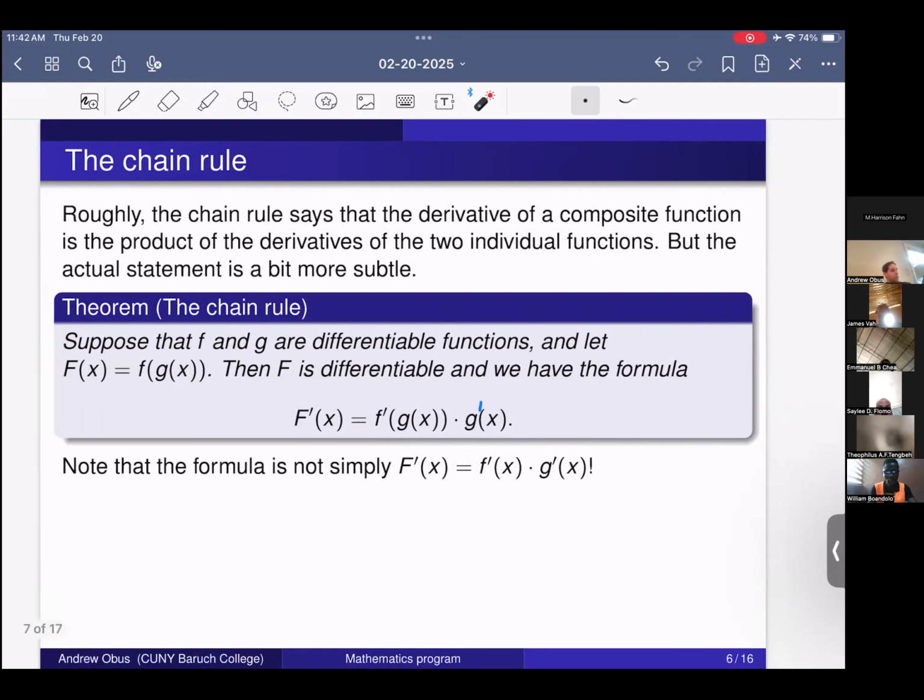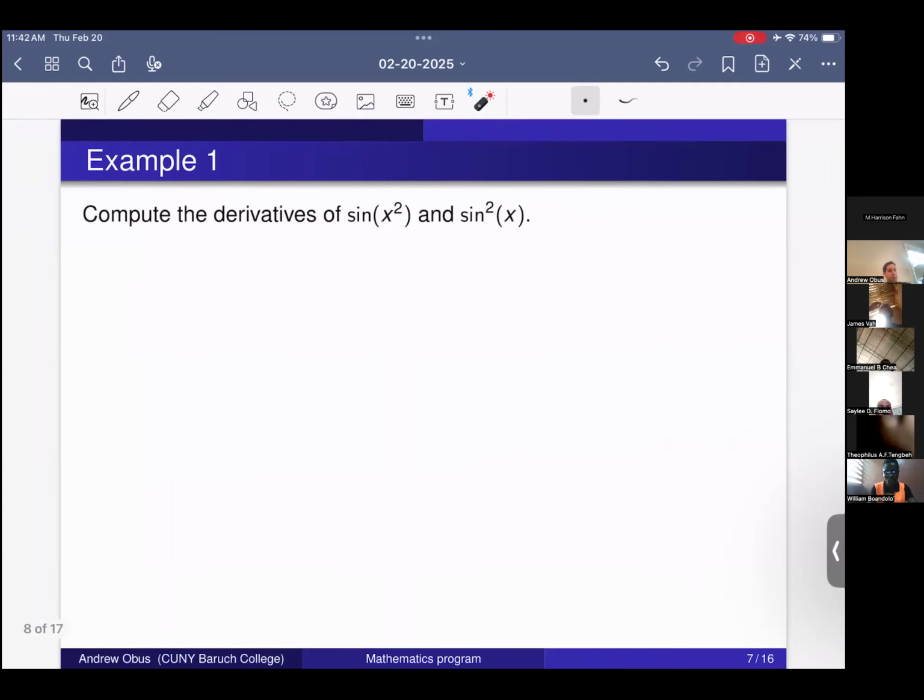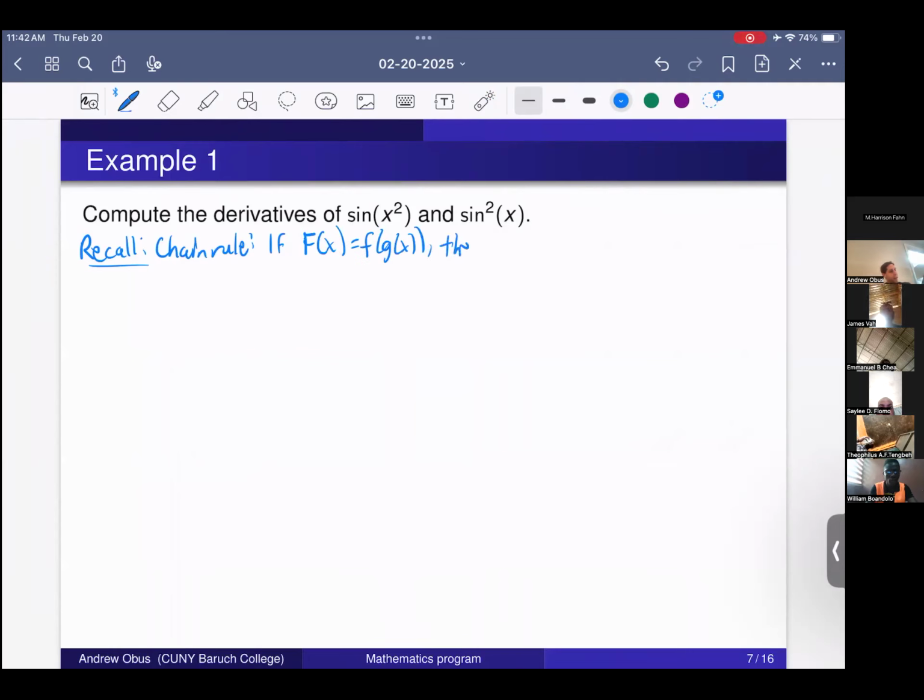Okay, so example 1 is compute the derivatives of sine of x squared and sine squared of x. And let me just recall the chain rule. If capital F of x equals little f of little g of x, then capital F prime of x is equal to f prime of g of x times g prime of x.